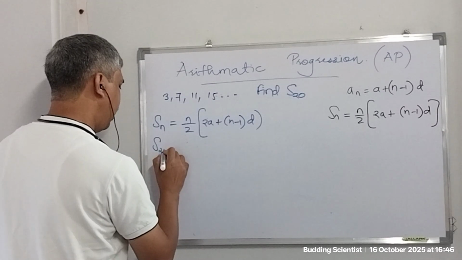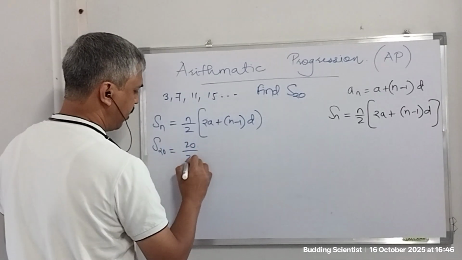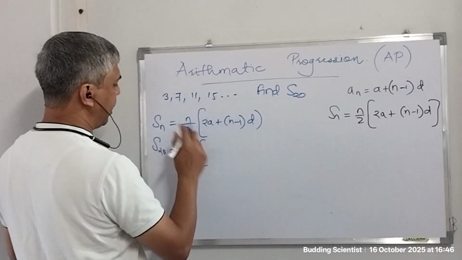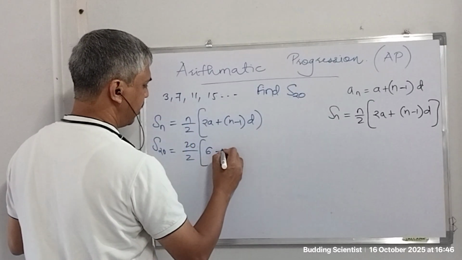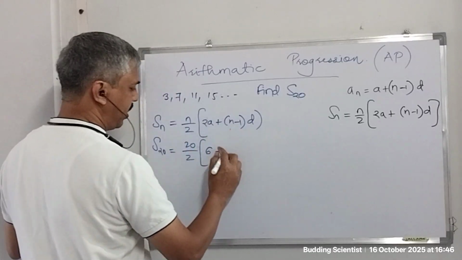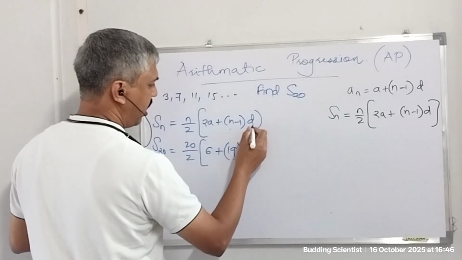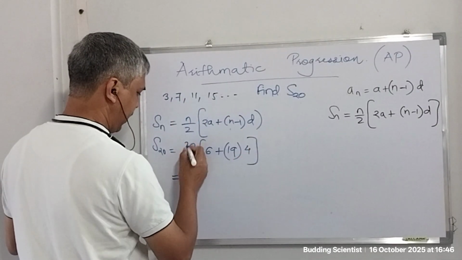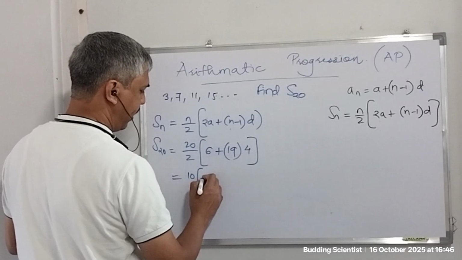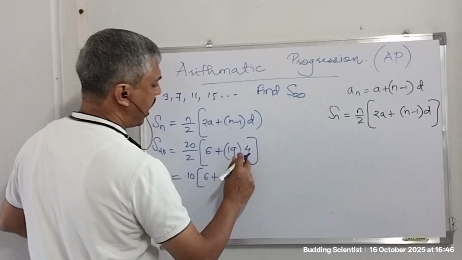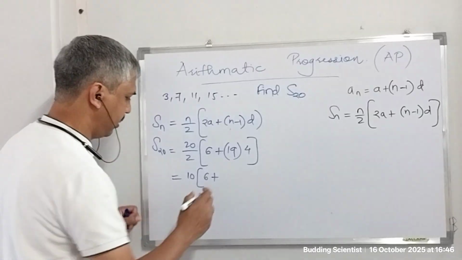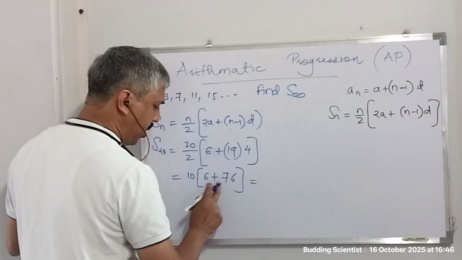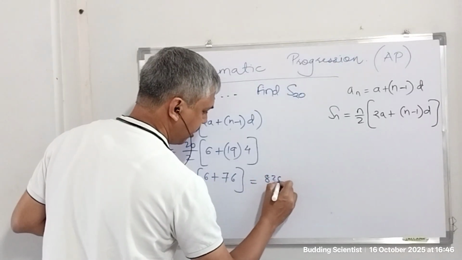So S20 will be equal to 20 by 2 into bracket 2a. What is the first term? 3. 2 into 3 is 6, plus n minus 1, 20 minus 1, 19, into d, the difference, 4. 10 into bracket 6 plus 19 into 4 is 76. 76 plus 6 is 82. 82 into 10 is 820, which is the answer.